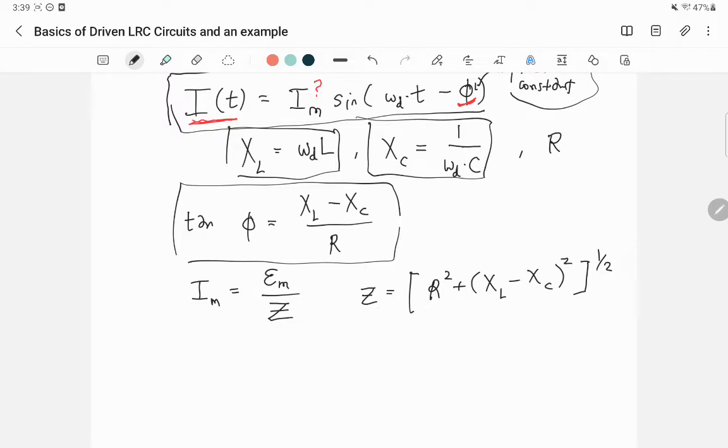This thing right here has the SI unit of ohms. It's somewhat of a resistance. So I've got a voltage divided by a resistance equals a current.